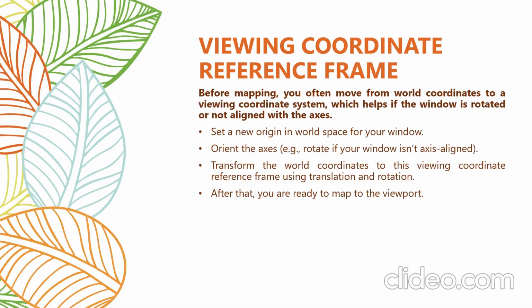The first step is to move the origin of the viewing window to the origin of the coordinate system. This operation is called translation. The next step is, if the viewing window is rotated, we rotate the coordinate system so that its axes align with the window.